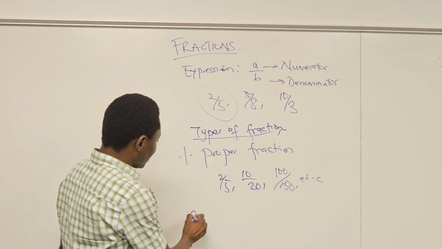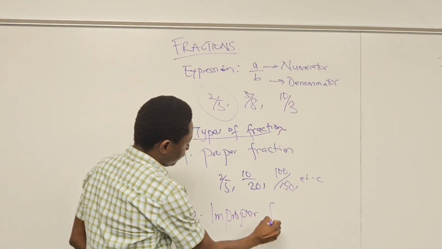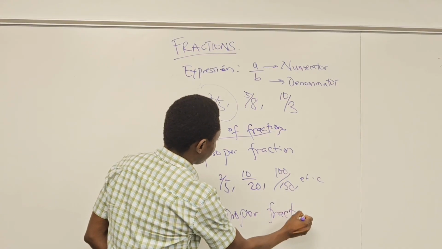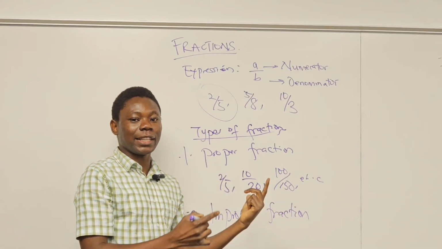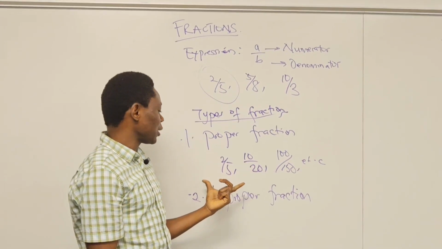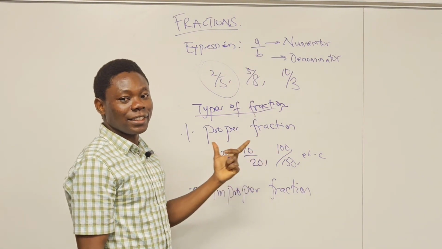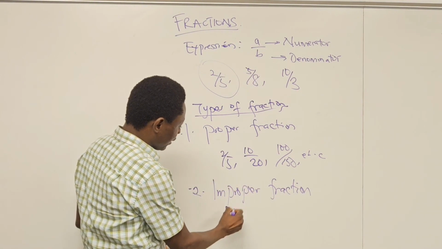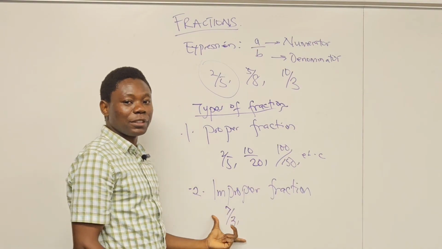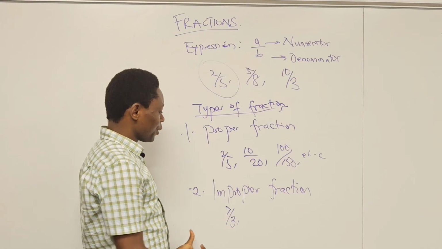Then we also have improper fractions. Improper fractions are nothing but the reverse of proper fractions. Here, the numerator is actually greater than the denominator. So we can have something like 7 over 3, which is an improper fraction because the numerator is greater than the denominator.